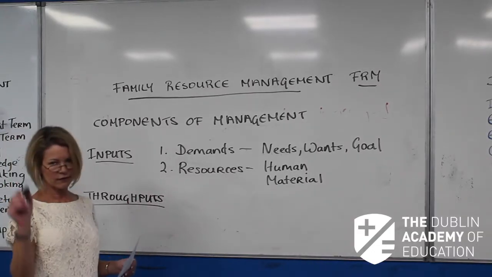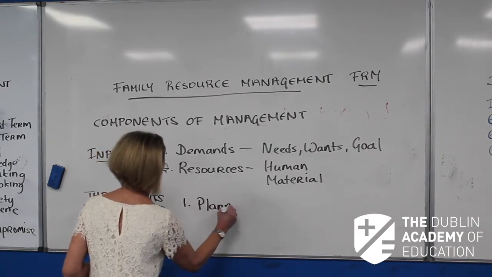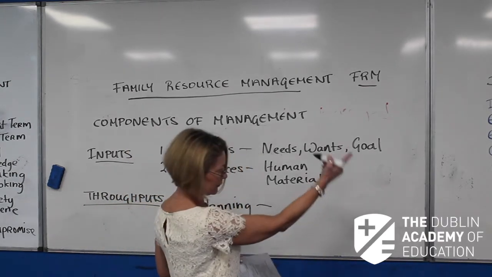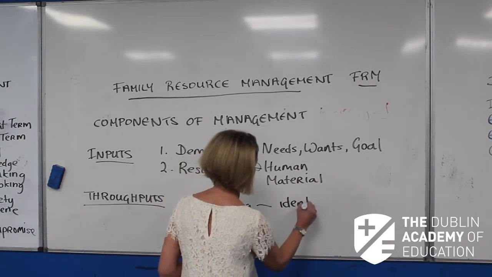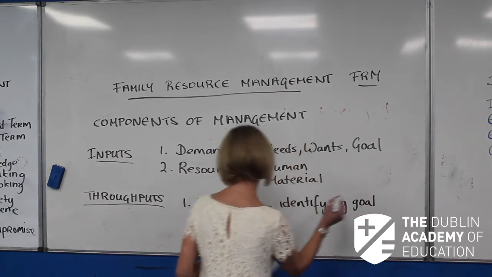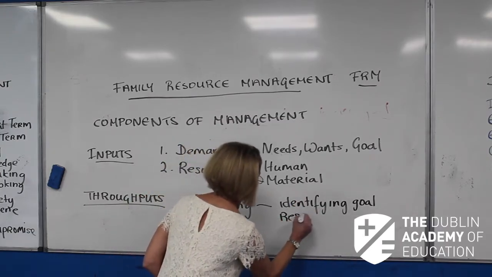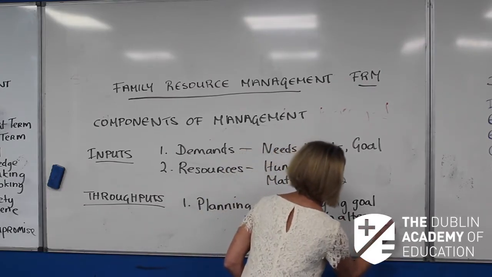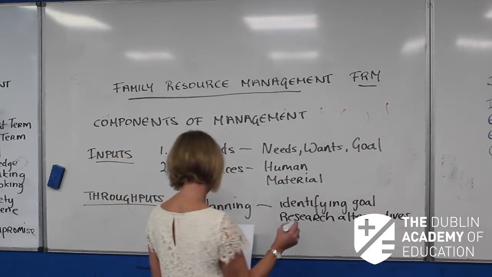And throughputs has 3 stages. It has planning, so planning involves some of the steps we looked at in decision making. So identifying a goal, researching our alternatives, remember, at least 2 alternatives are required.